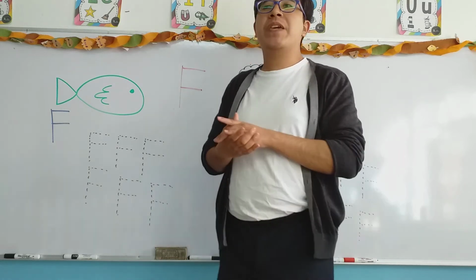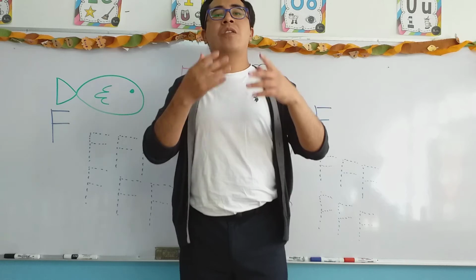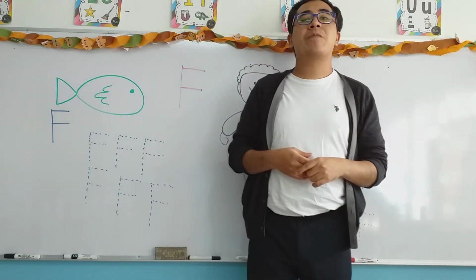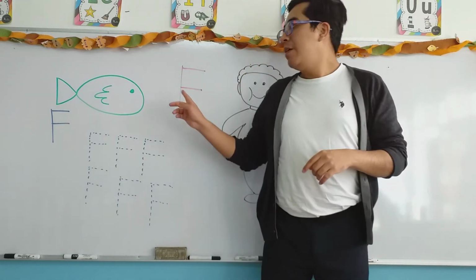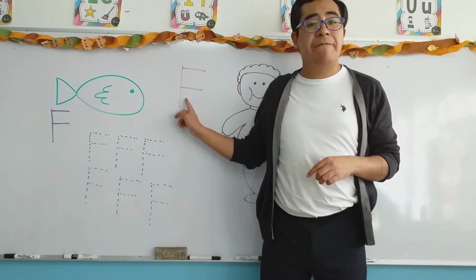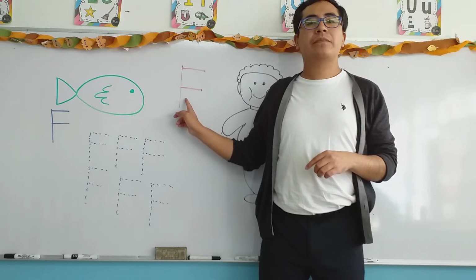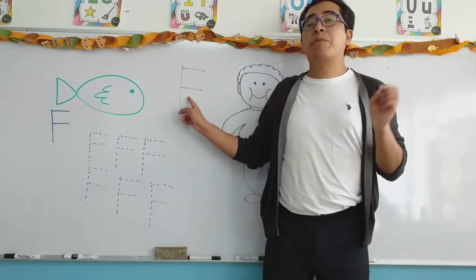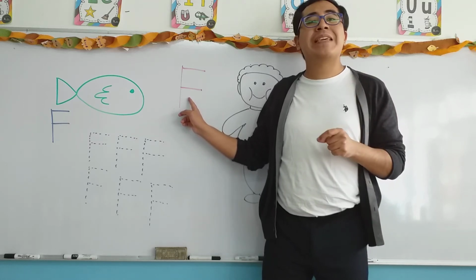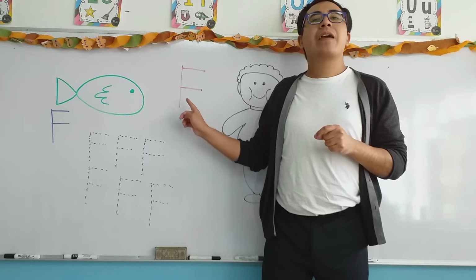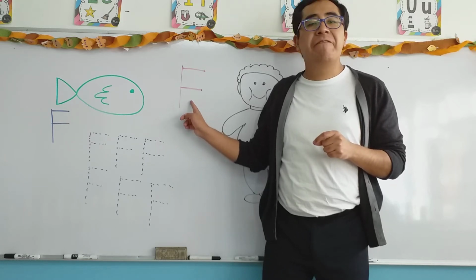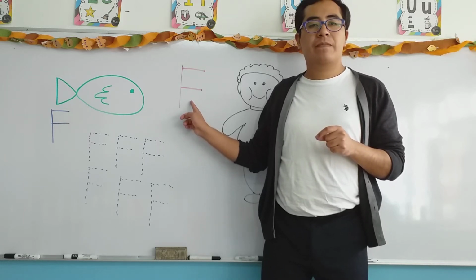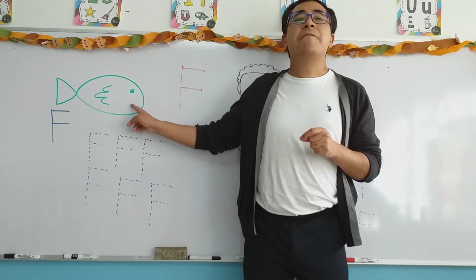So, let's begin. I say it first. Yo lo digo primero. Repeat after me. Capital F. Remember, the sound, the pronunciation, the last sound is capital F. Fish.